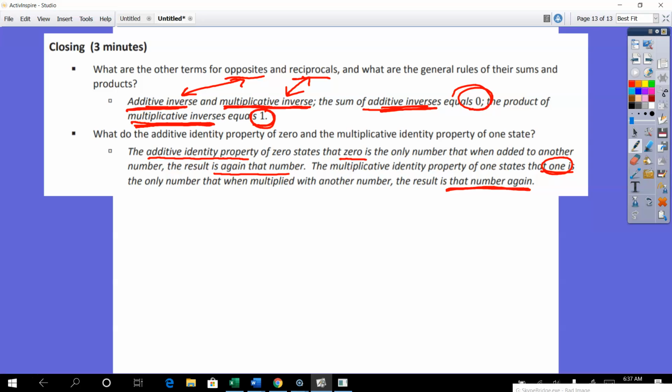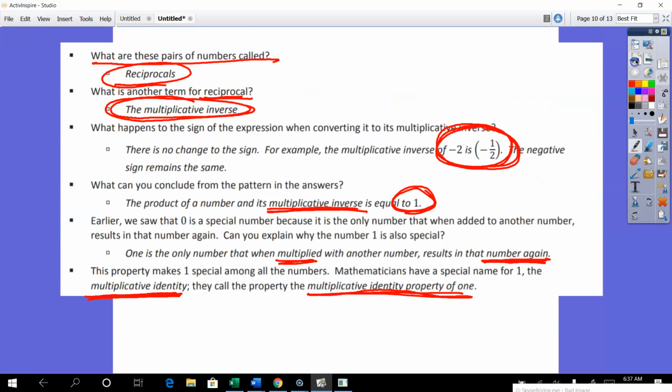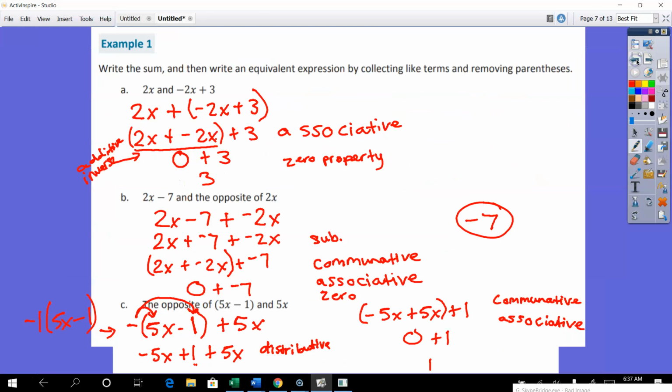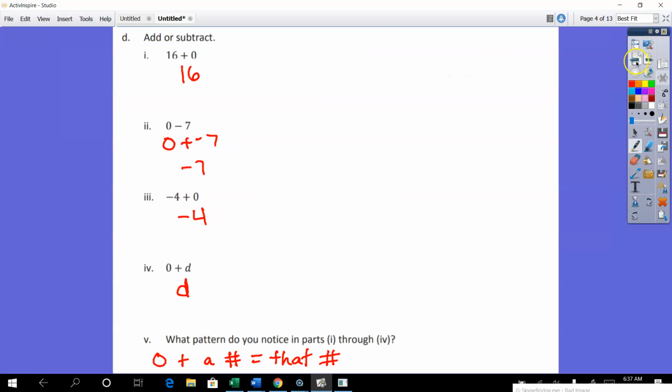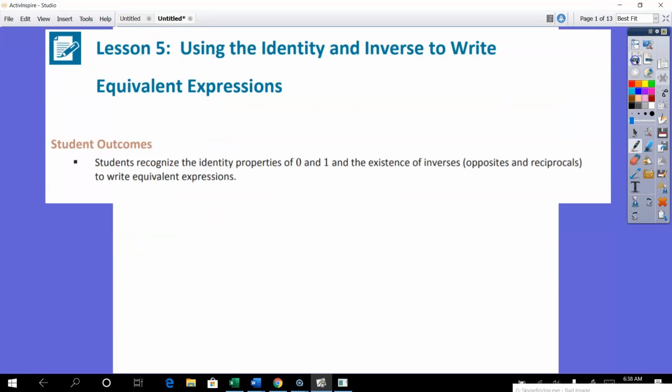Okay, so that is the end of our lesson. Our objective was to be able to see those two properties and recognize the identity properties of 0 and 1, opposites, and reciprocals.